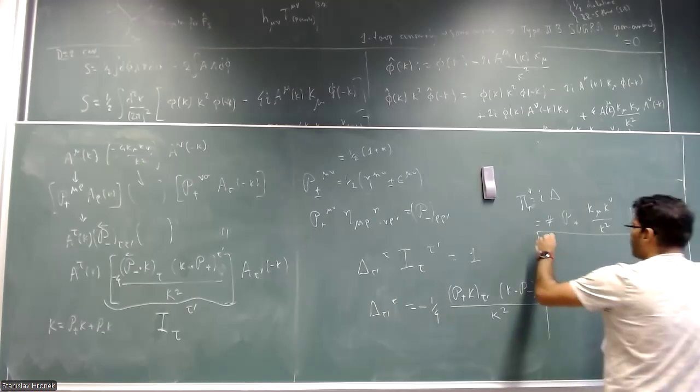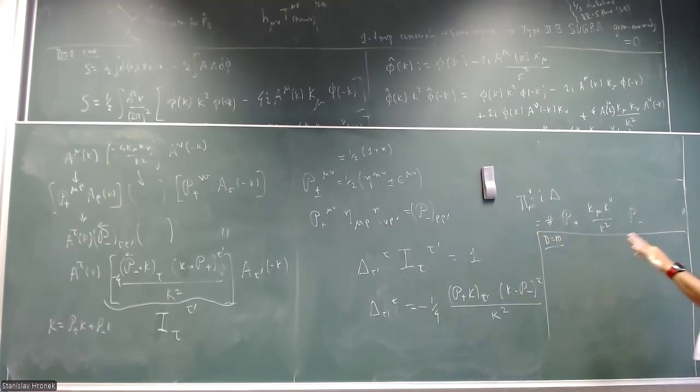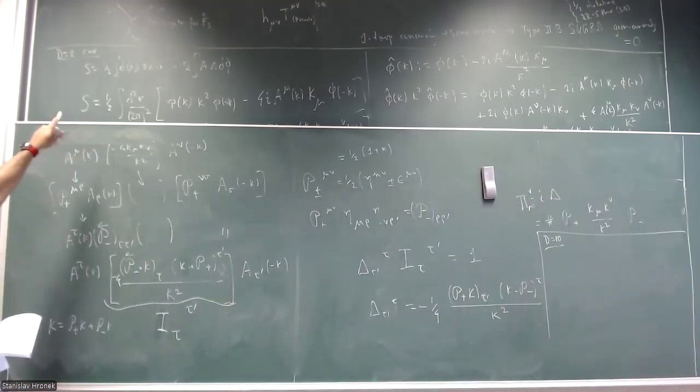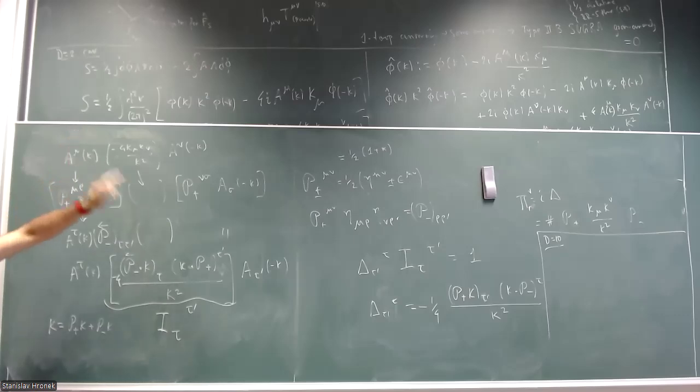Okay, so now how do I uplift this to d equals 10? It's not just adding more indices. There is only one layer of subtlety that comes in higher dimensions, which is not there in d equals 2, which has to do with the fact that in d equals 2, this extra field phi is a scalar, so it really doesn't have any gauge symmetry. It has a shift symmetry. But in higher dimensions, this phi is going to be replaced by a form, which has a gauge symmetry.